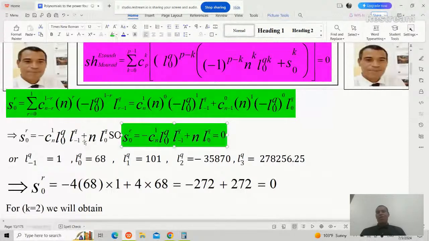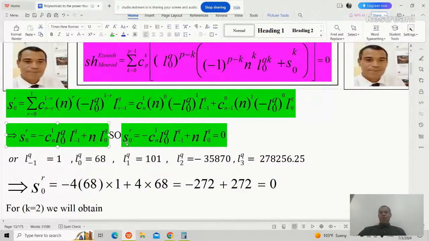Okay, so after simplifying and putting L0 of order q as a common factor, you will simplify the value of S0 of order r in terms of negative combination n choose 1 times L0 of order q times L minus 1 of order q plus n L0 of order q.